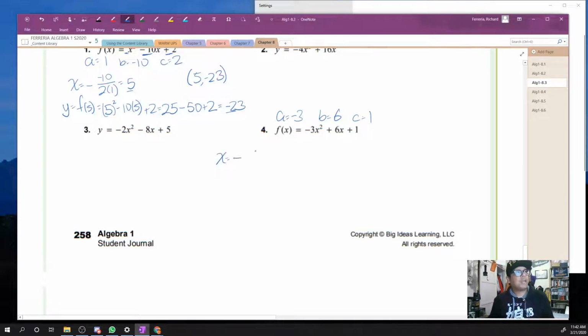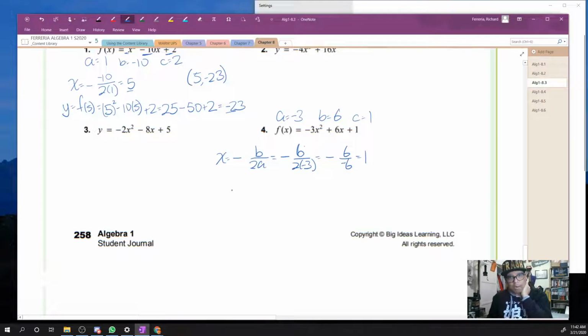X is equal to negative of b over 2a, which is a negative of 6 over 2 times negative 3. Okay, 6, fine, nothing to do there. 2 times negative 3 is negative 6. 6 divided by negative 6 is negative 1, and then the opposite of negative 1 is positive 1.